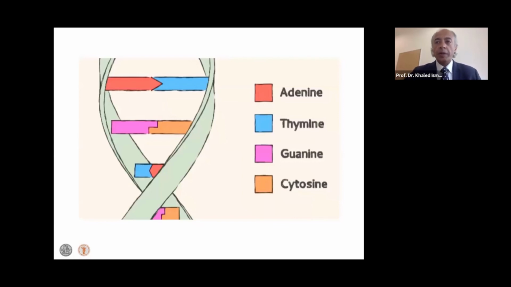As we know, despite the complexity of our DNA and genome, the DNA is just made of 4 molecules: adenine, thymine, guanine, and cytosine. As you all know, the adenine and thymine are joined together, and the guanine and cytosine are always joined together.